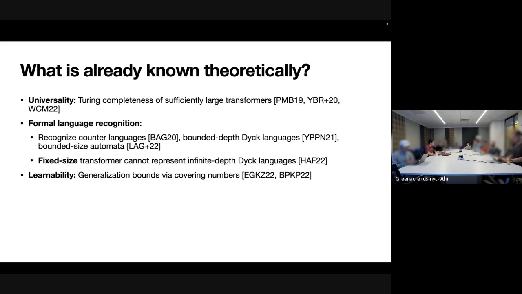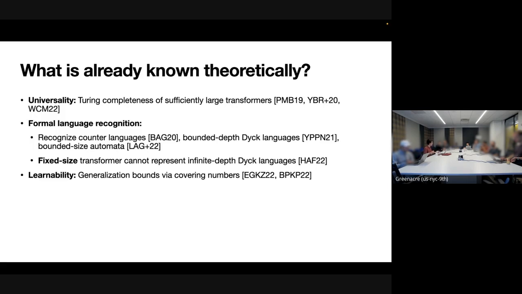Separately from the sphere of representation, there's also a good amount of work, or actually the beginnings of work being done, on more learnability-oriented results, where it's hard to analyze how gradient descent works for this. So instead, they're saying, okay, what if we are trying to do some learning task where we do empirical risk minimization on a transformer?